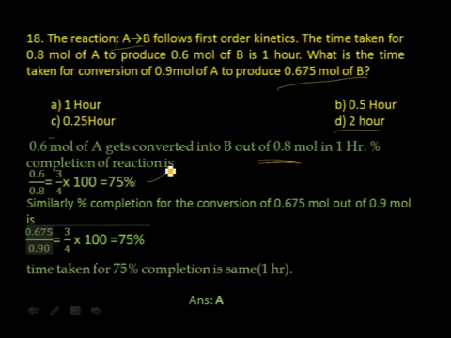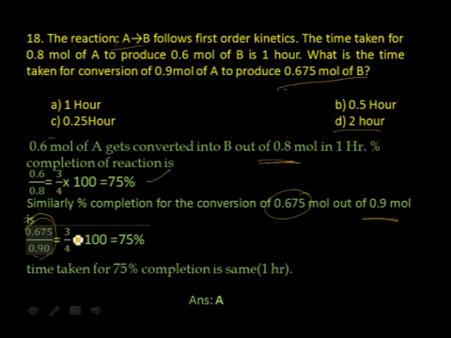Similarly, if the concentration of A is taken as 0.9 mole, in the same 1 hour, if 0.675 mole of B is produced out of 0.9 mole, 0.675 by 0.9 gives you the percentage completion of the same first order reaction.